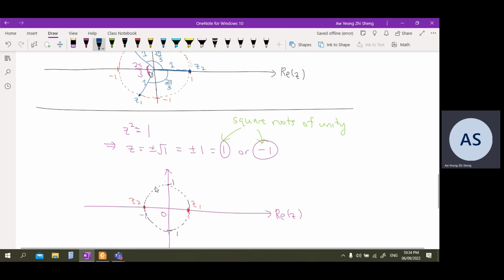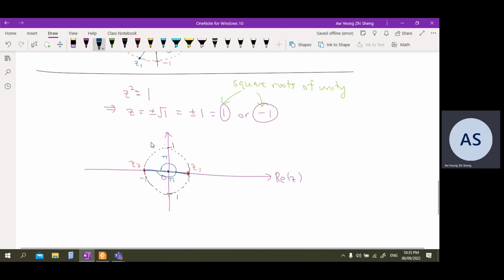And when I draw a line from the origin to the point representing each of these two roots, I do have the circle divided into two equal sectors, where the angle made at the origin is pi here and another pi here. So the full cycle of 2 pi is equally divided into two parts.